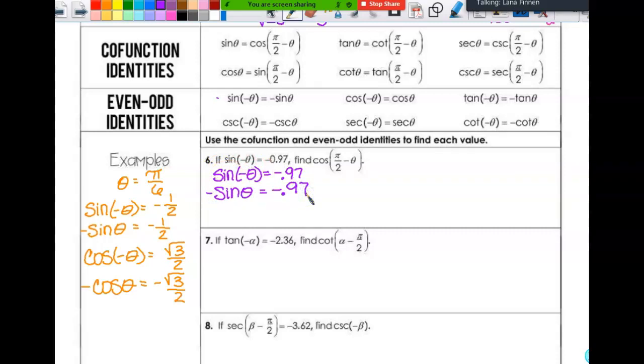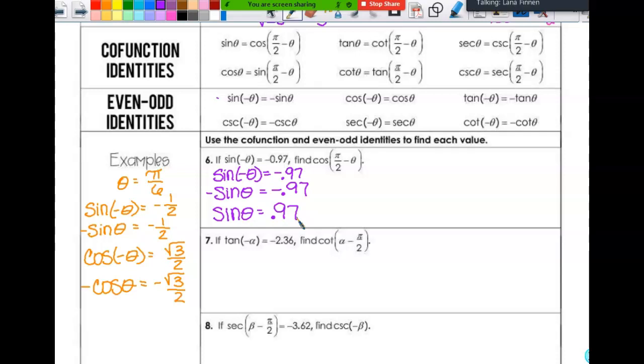I rewrote the whole thing, and my hand didn't fall off, okay? Now that I'm here, I still don't have sine of theta like I want. I have negative sine of theta. So I'm going to multiply through by a negative 1, and this gives me sine theta equals positive 0.97.